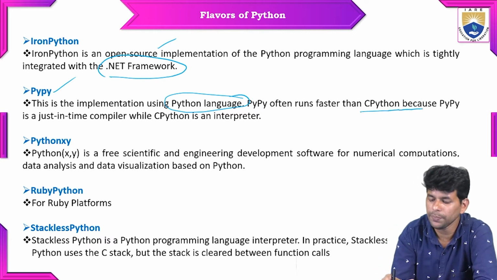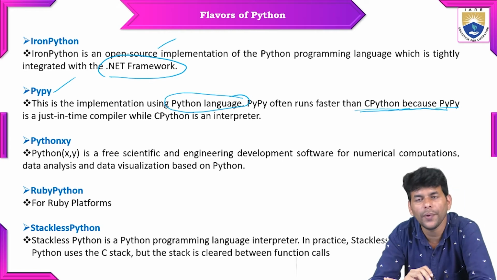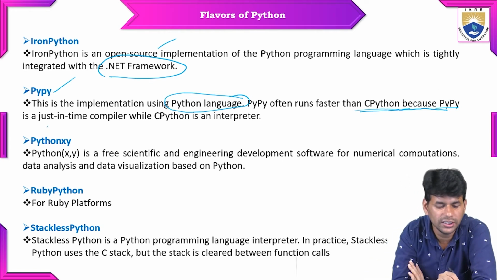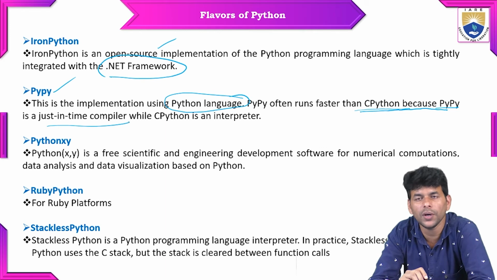CPython is slower than PyPy. Why? Because PyPy is a just-in-time compiler, which is very fast. For that reason PyPy is faster than CPython, a normal interpreter.